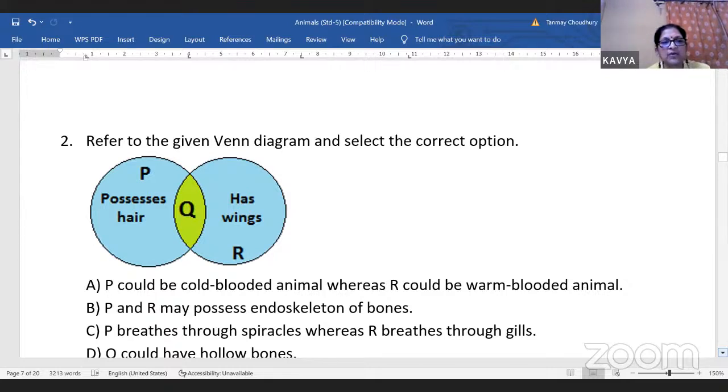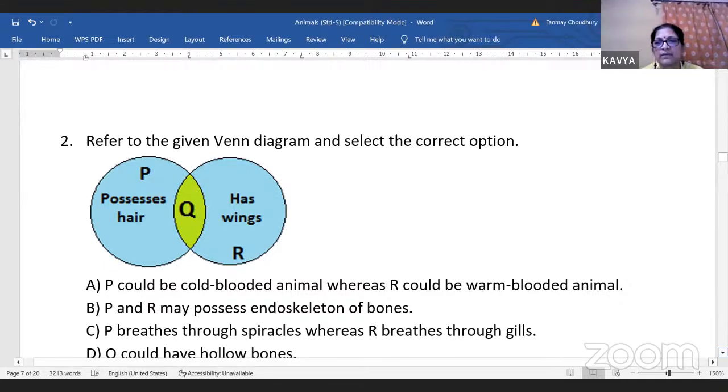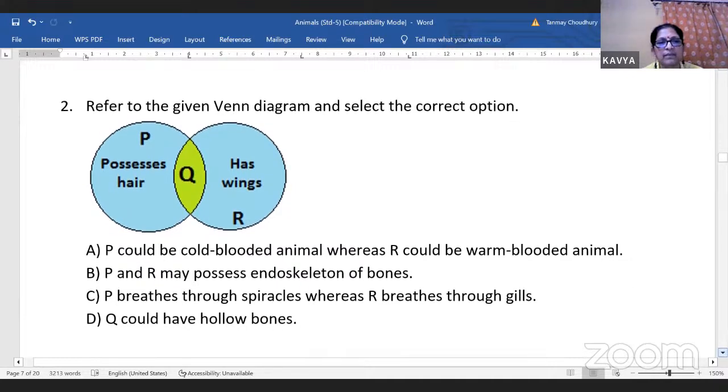P could be cold-blooded. P possesses hair and R possesses wings and Q is common to both. So here P could be a cold-blooded animal whereas R could be a warm-blooded animal. No.